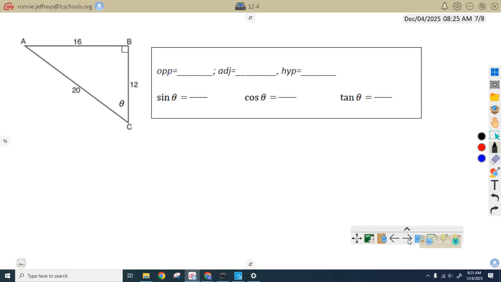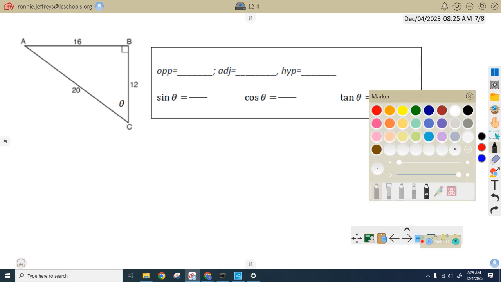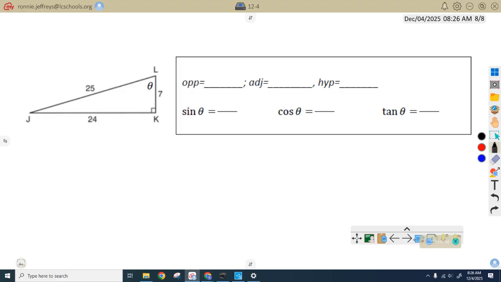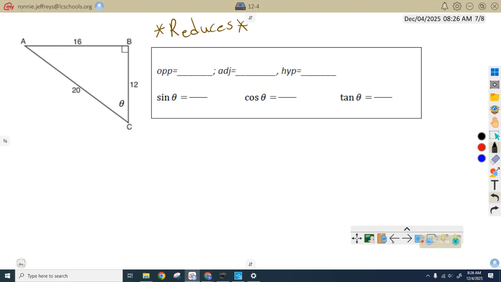On the second problem on your practice, on the back, I would check to see if it reduces. And I think that's it. Yeah, just that one.